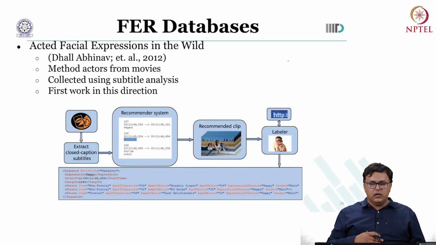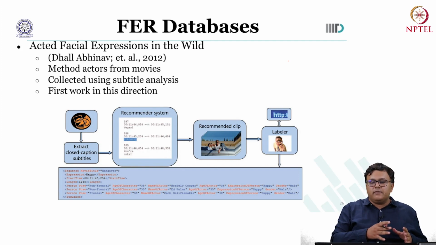So the data sets which you have seen till now have been focusing on facial expressions, posed or spontaneous, but the assumption is that the subject, the user, is always inside the laboratory with good illumination and mostly facing the camera, so looking into the camera as I am doing right now.